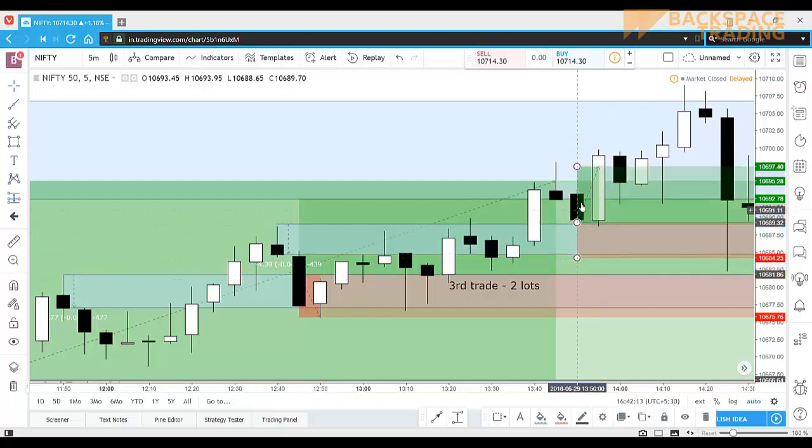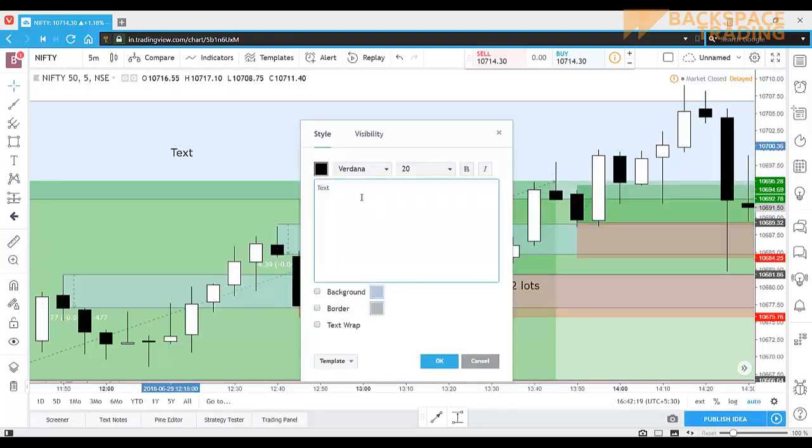What do you do? Enter this, and for this you will take a bigger risk on the fourth trade, because you have huge profit, because trade 1 is profit, trade 2 is profit, trade 3 is profit. It is an exponential trade profit. Here you will simply multiply to 4 lots.